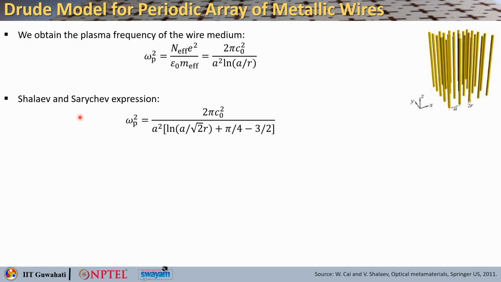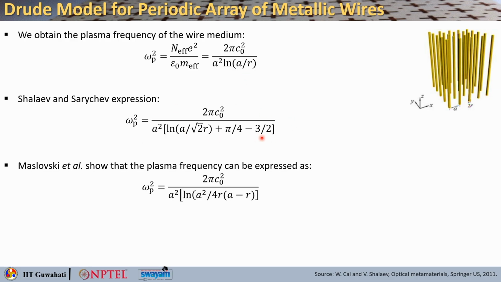Shalaev and Sarychev, okay, they also provided a similar kind of expression, but they actually have gone for a more complicated but precise derivation of this effective plasma frequency of the wire medium, okay, and you can see that this equation, although dependent on the same two parameters, is more specific, okay. And even Maslovski et al., they also came up with an expression for plasma frequency, which is slightly different, but again a similar kind of parameter dependence is there.